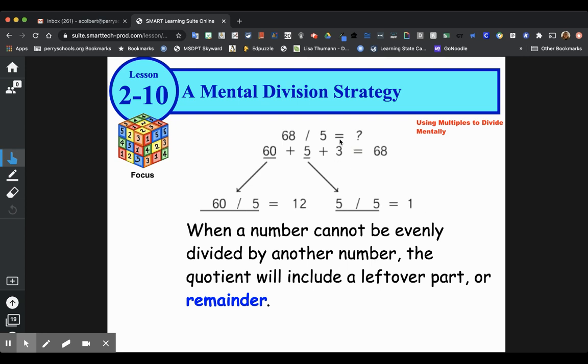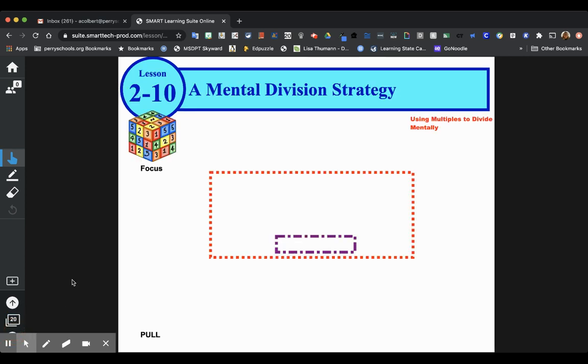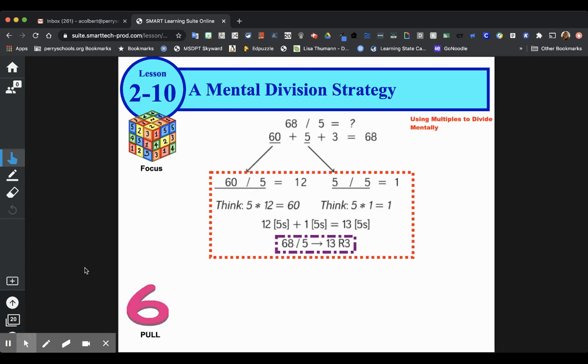And how many do we have left over? 3. So again, we can have 12 5s, 1 more 5 gives us 13 5s, and we have 3 left over. We can't use those. They don't fit into a group evenly.